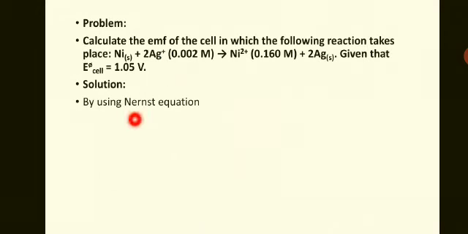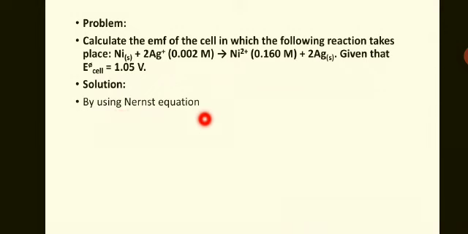So one problem is given to you related to the Nernst equation. Calculate the EMF of the cell in which the following reaction takes place: solid nickel is converting into nickel 2 plus ion by losing 2 electrons, and the silver ion, whose concentration is 0.002 mole per liter, is converting into solid silver, given that the E0 of the cell is 1.05 volt.